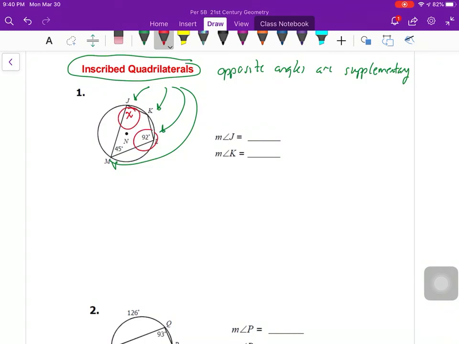So if I'm looking for angle J, it would be this one right here. These two are opposite angles. They have to be supplementary. X plus 92 has to equal 180. Supplementary. 180 minus 92, I get 88.